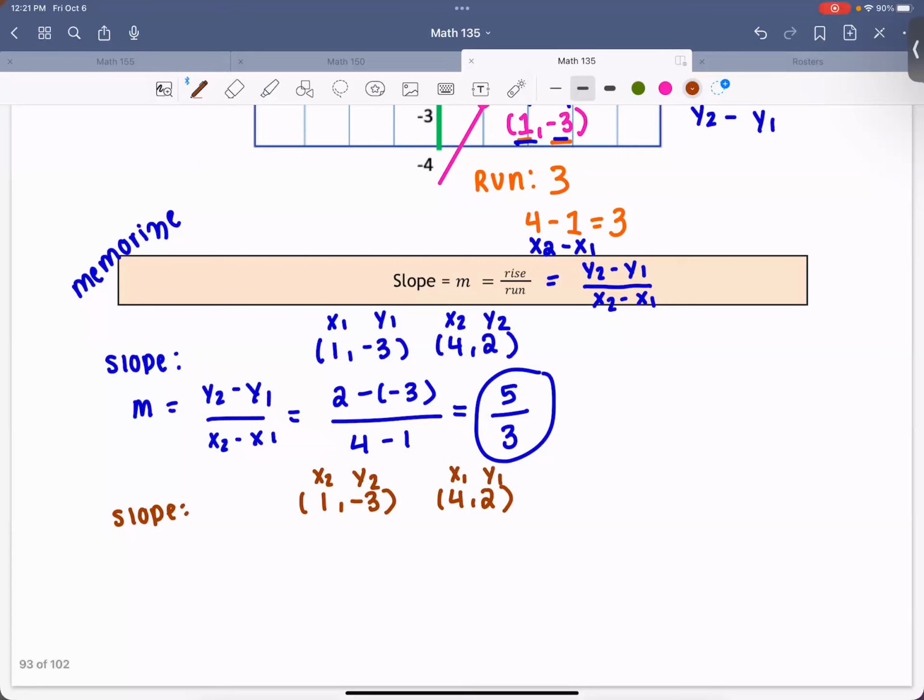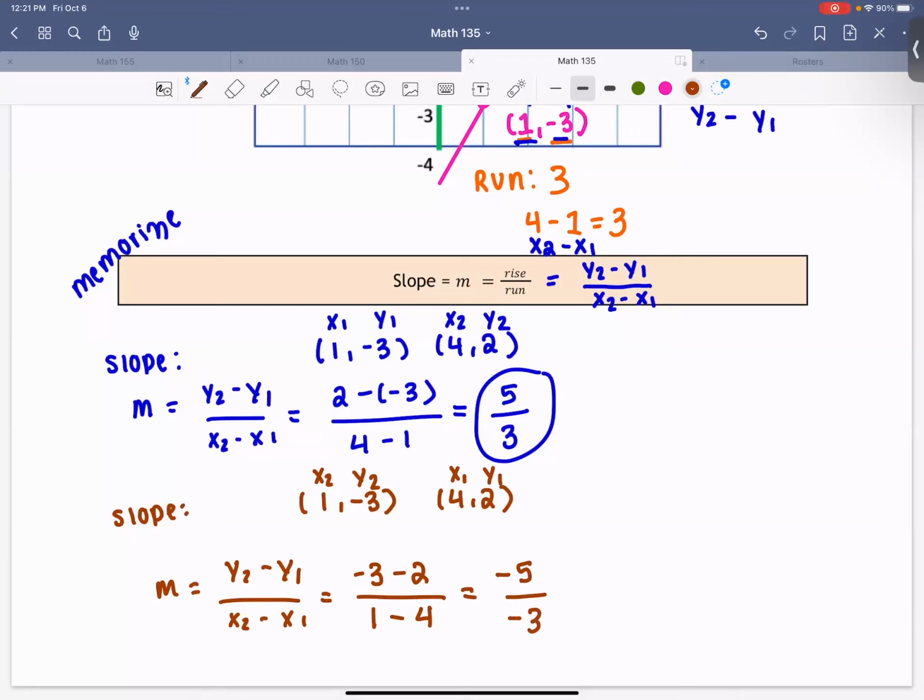So m is y2 minus y1 over x2 minus x1. Y2 is -3 minus y1 is 2. X2 is 1 minus 4, which is x1. If I subtract this, I get -5. So subtraction isn't commutative here, but I get negative. 1 minus 4 is -3.